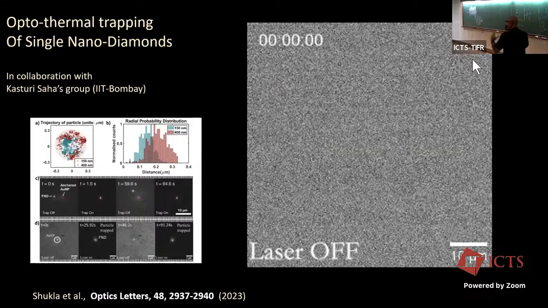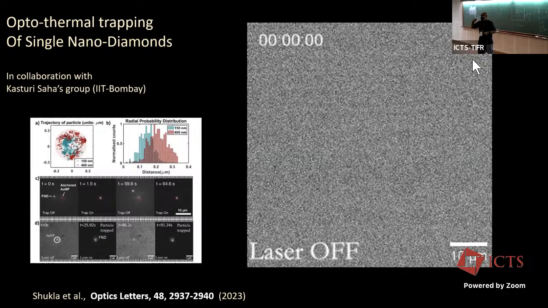Okay. Now, quantum optics is a buzz. Quantum photonics is a buzz. So there are a lot of people who are interested in looking at whether you can trap objects which show quantum optical properties. And Kasturi Saha's group at IIT Bombay is very interested in nanodiamonds. They're interested in looking at specific signals which actually emerge out of the nanodiamonds.